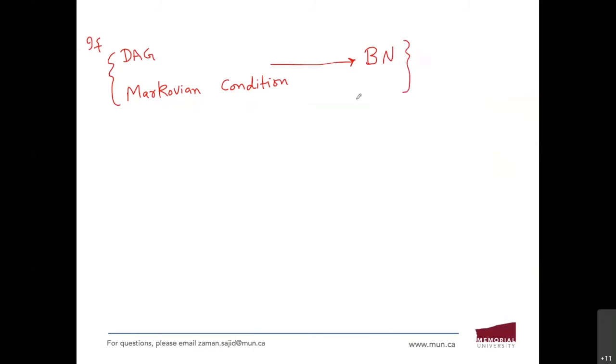So your network should be a directed acyclic graph, and it should fulfill the Markovian condition. Only then do we call the network a Bayesian network.